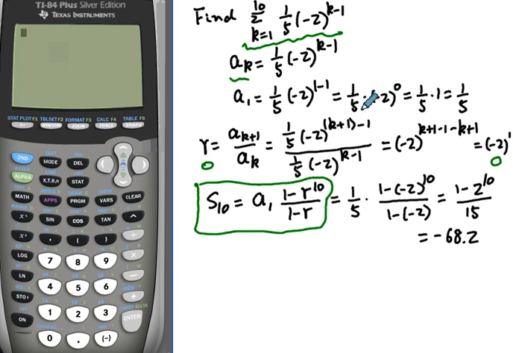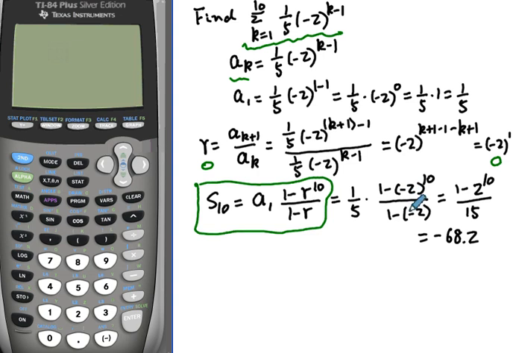So 1 over 5 times 1, which is 1 over 5. And based on the formula, we have the initial term times, upstairs, 1 minus the common ratio negative 2 to the 10th, divided by 1 minus the common ratio.